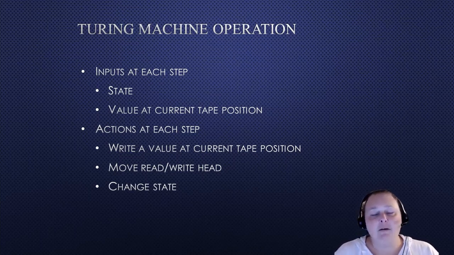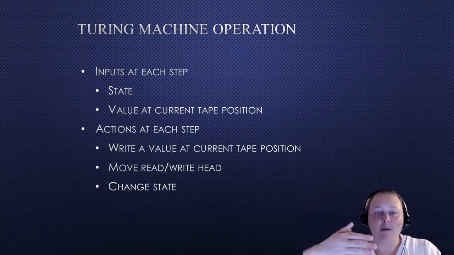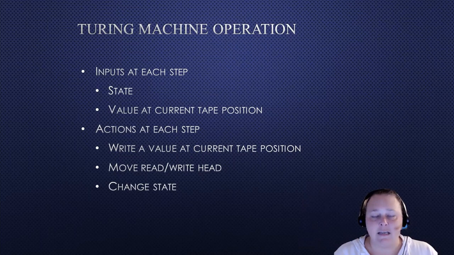I think the easiest way to picture this would be like an old-fashioned record player, or a CD, which would act very similar to a record player. You can think about that head moving along the radius of the CD or the record. That is what we're talking about at the tape position.